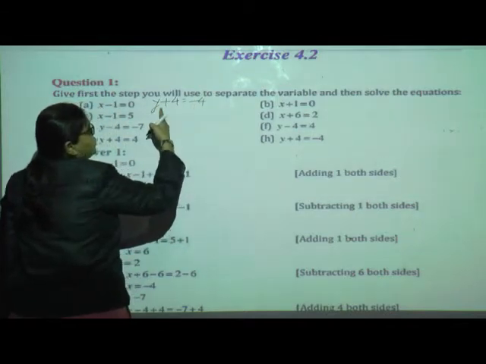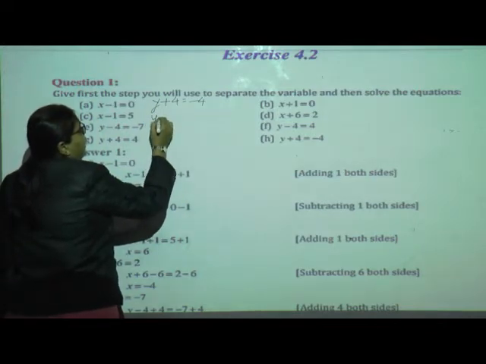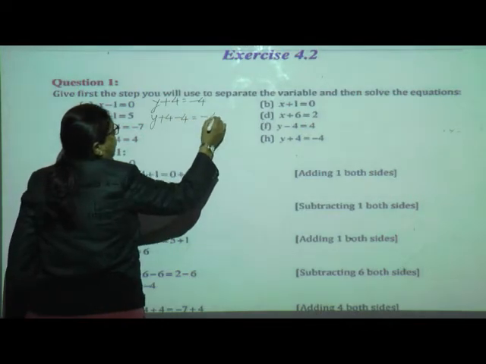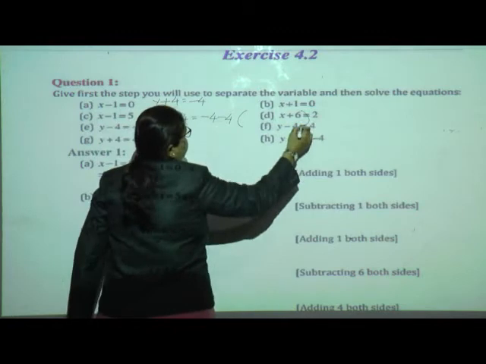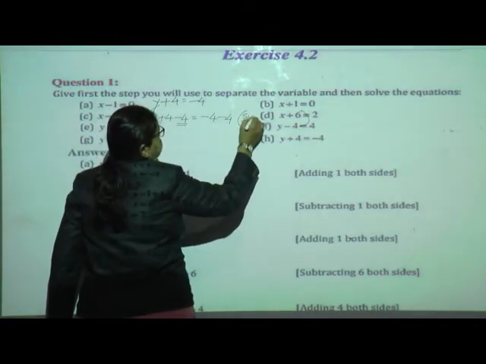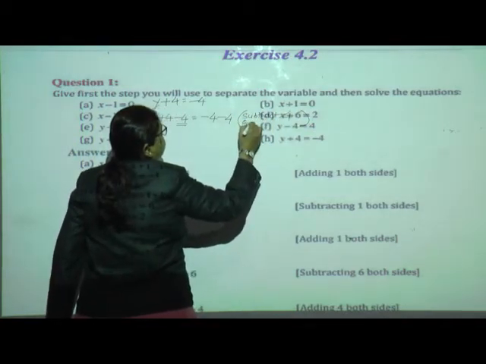We have to first separate the variable. So what we have to do? y plus 4 minus 4 is equal to minus 4 minus 4. We subtract 4 on both sides.